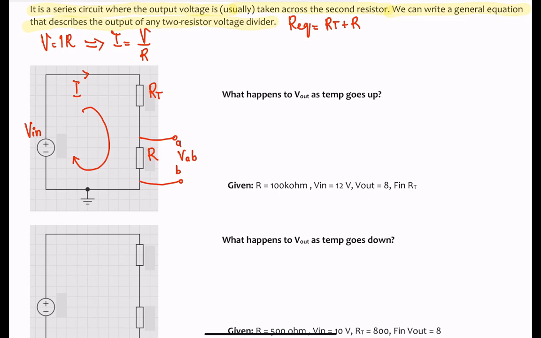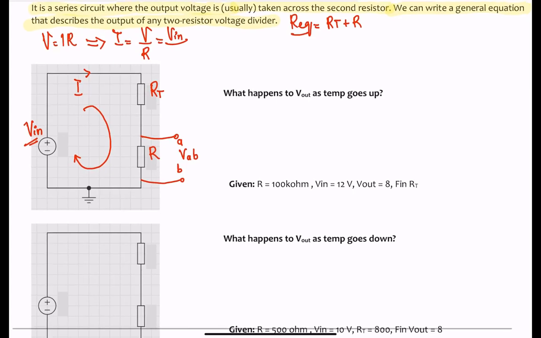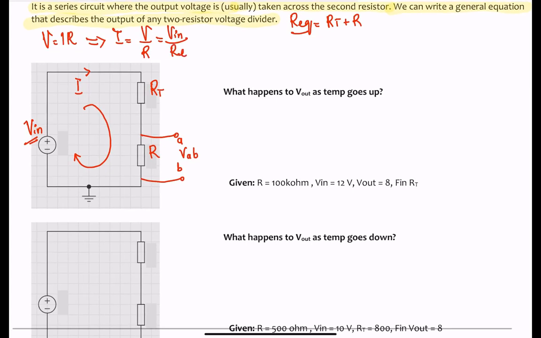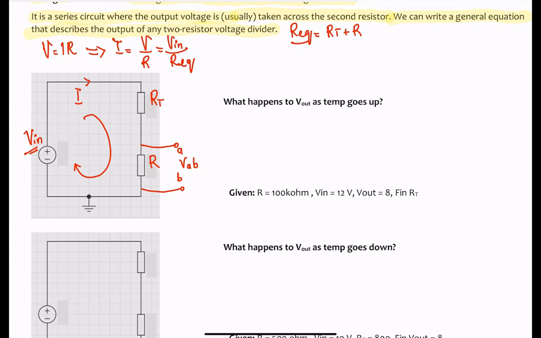The voltage source here is Vin, so I'm going to replace V with Vin. Then with R being the equivalent resistance, the total resistance of the series network, I can find the current using I equals Vin over the equivalent resistance.